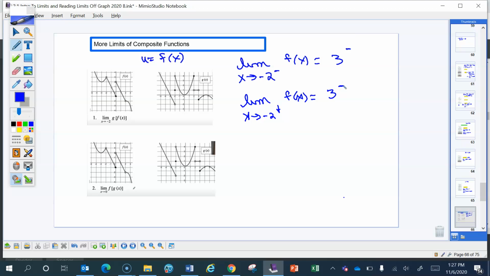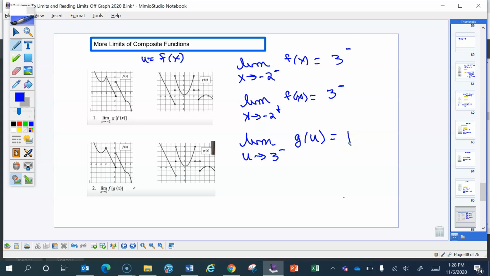So therefore, I'm going to be finding the limit as u approaches 3 from the left side of function g of u, which is my outside function here. As I approach 3 from the left side of function g, my limit is approaching 1.